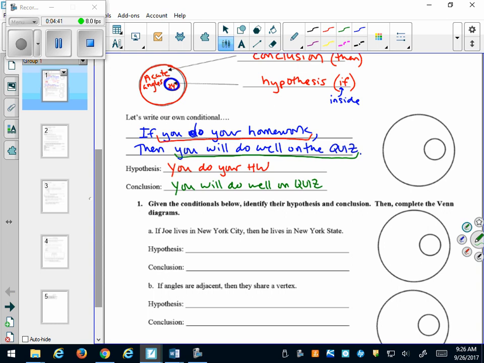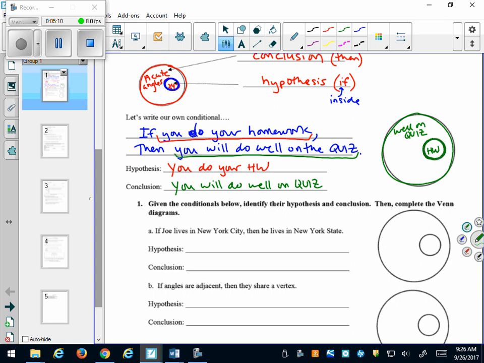So in our Venn diagram here, doing your homework would be on the inside here, and doing well on the quiz is the bigger category. In other words, there might be other reasons why you do well on the quiz.